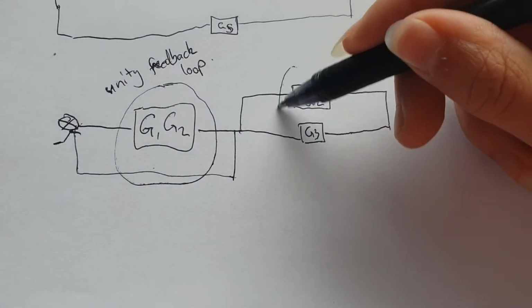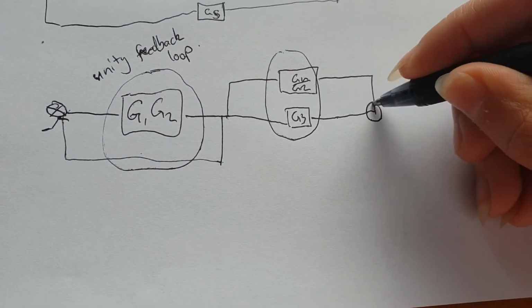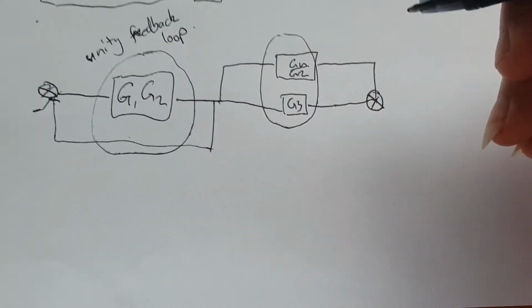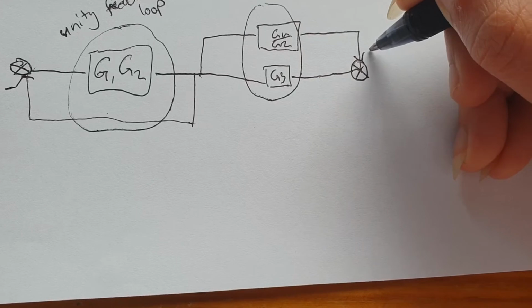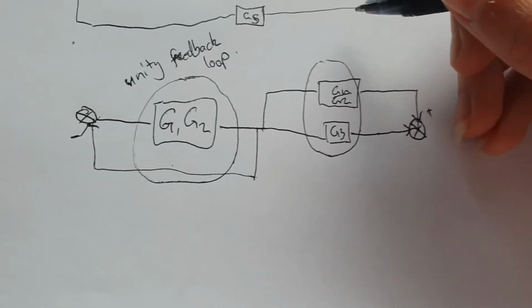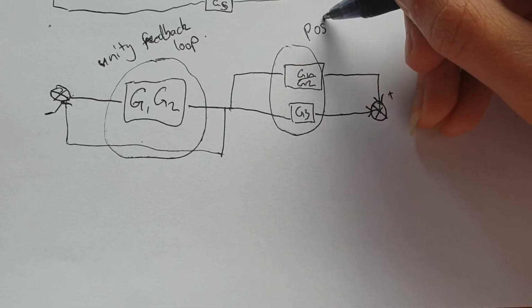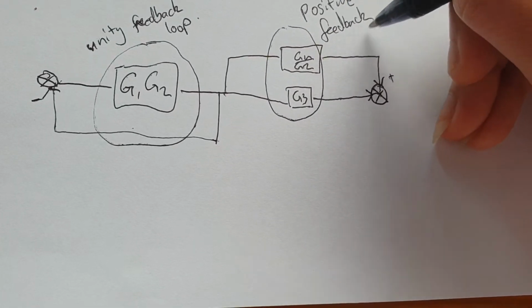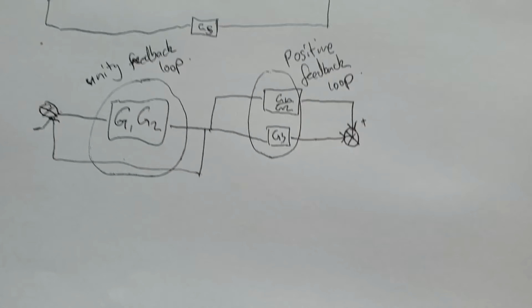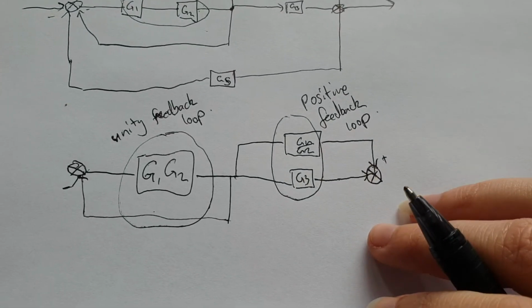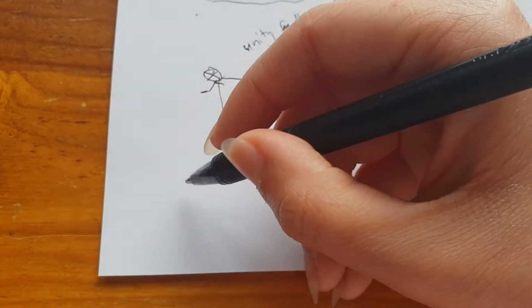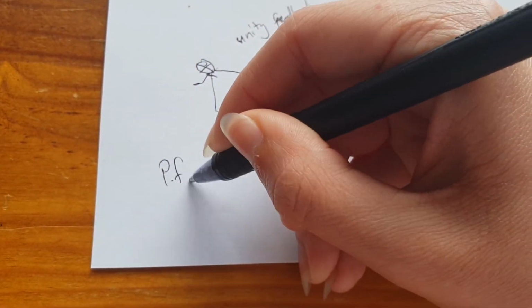And then this one here, because this is at a positive junction, is what we call a positive feedback loop. Okay, so I'll show you how to work these out. Let's just, yeah, we have room here. Go ahead, positive feedback loop.